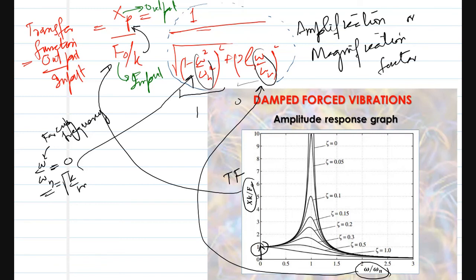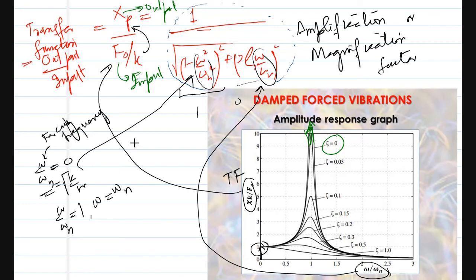The interesting thing is, when omega over omega n equals 1, this is generally called resonance. In resonance, the forcing frequency becomes equal to the natural frequency. And if you look at this diagram, at zeta equal to 0, the amplitude actually becomes infinite. Look at this peak region, it goes to infinity.